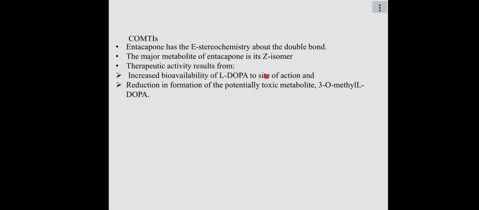So let us not confuse R and S. E and Z is geometrical isomerism. R and S is optical isomerism. That is, of course, a big difference, both of them being stereoisomers, because they bring about differences in the spatial arrangement of these molecules in space, one of them around a double bond, another one being determined by the orientation.